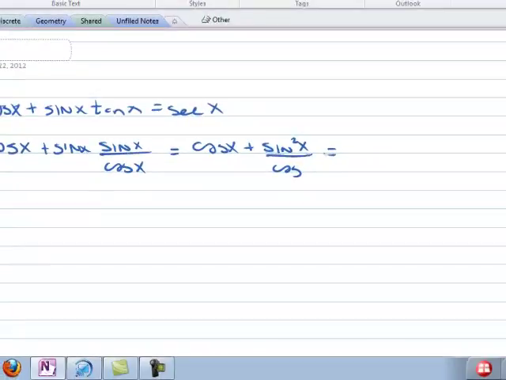We're supposed to end up with secant, which is also known as that. Jordan, what else can we do? Got to do something.